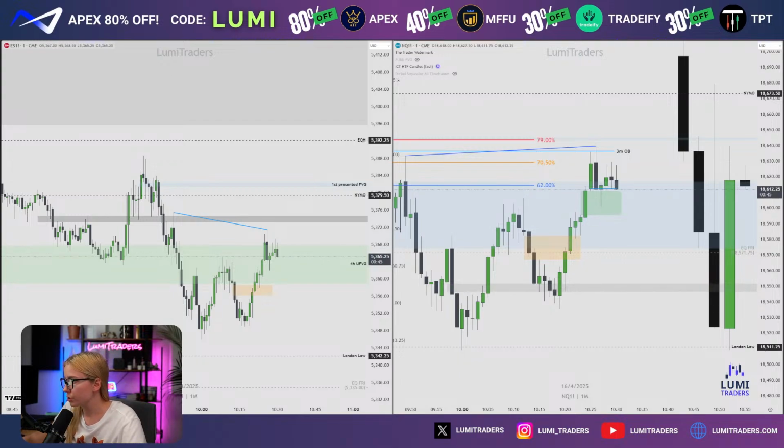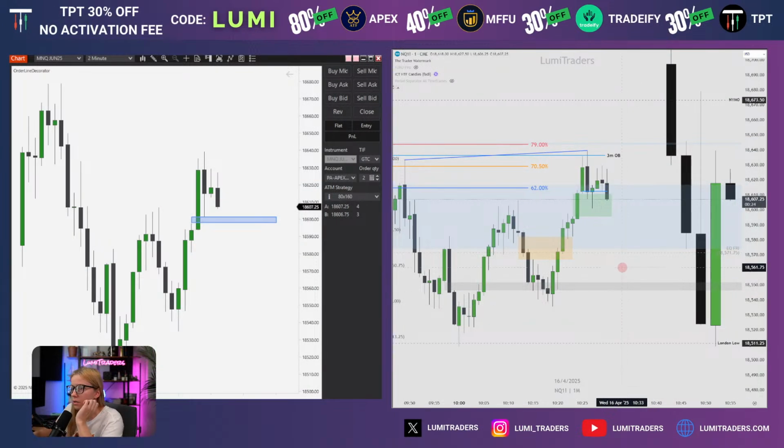Let me open the 2-minute chart. Yeah, that's why it's mentally hard right now to long this. Anyway, if I decide to short it, it will be like a 40 point stop loss.